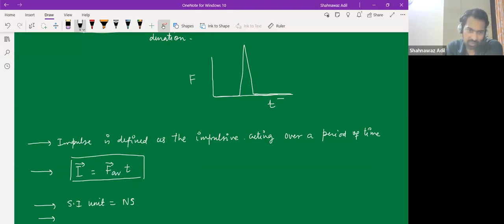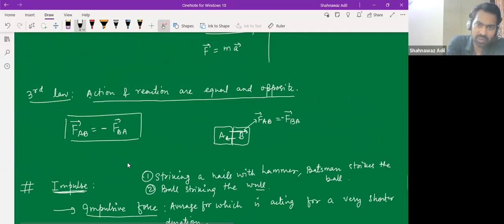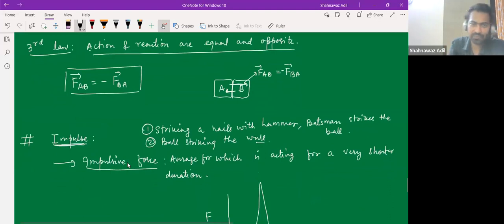So impulse would be a vector quantity. Okay. So if you guys have any question, please ask. Otherwise, please note it down.